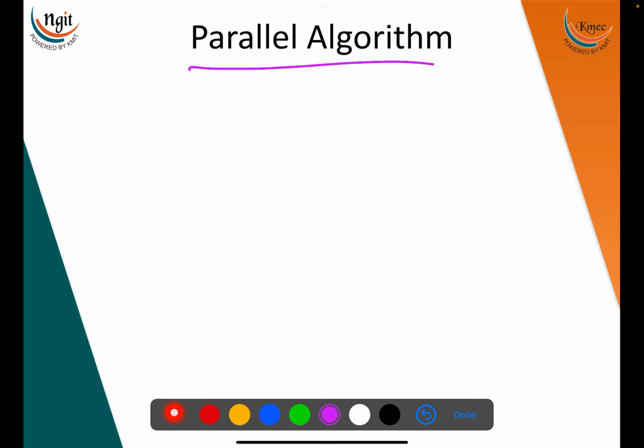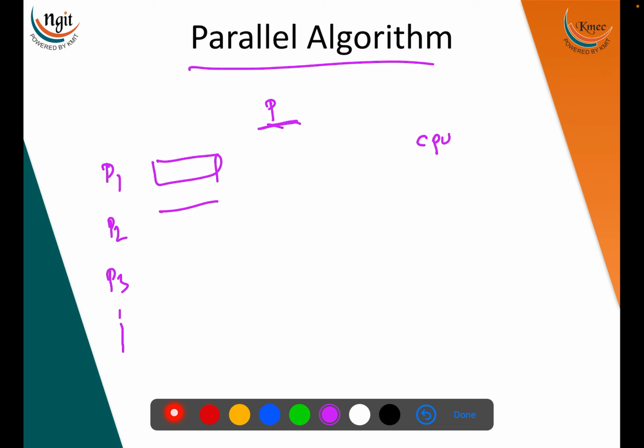Now what do you mean by a parallel algorithm? When you have a problem P to be solved using a CPU, you divide this problem into sub-problems P1, P2, P3, depending upon the length of the problem. Once we divide it into sub-problems, we execute them simultaneously.